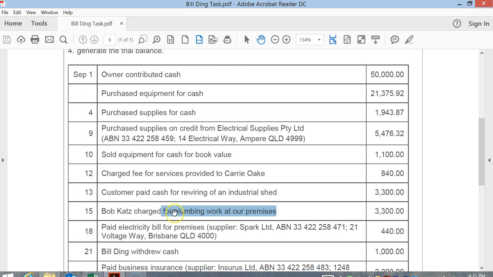So repairs and maintenance will be a debit in our journal entry. Now there's no mention here of the words cash or paid. So therefore it would be accounts payable, a liability, Bob Katz, and that will be our credit because it's a liability.